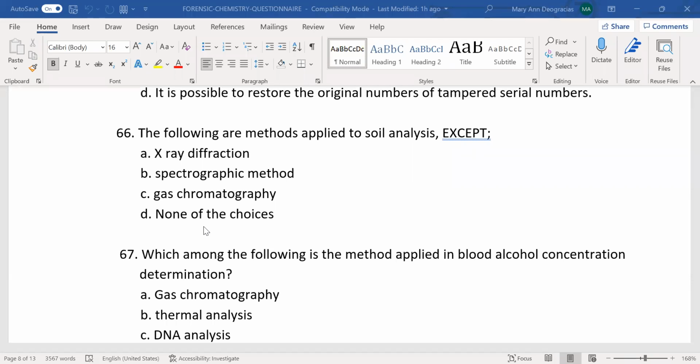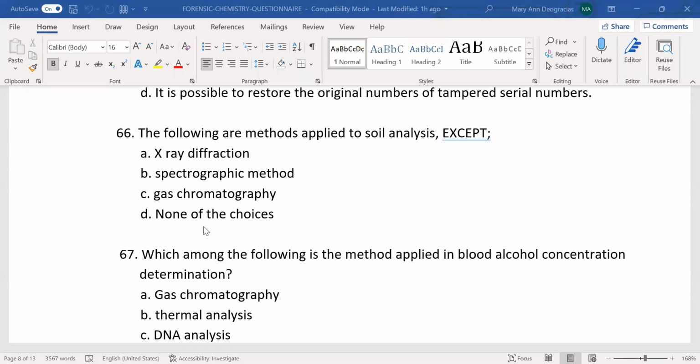Ang soil analysis natin, X-ray diffraction, spectrographic, we have density gradient analysis. Yan ang mga test para dyan. And then the other one is, okay, 65, A. 65 is A.